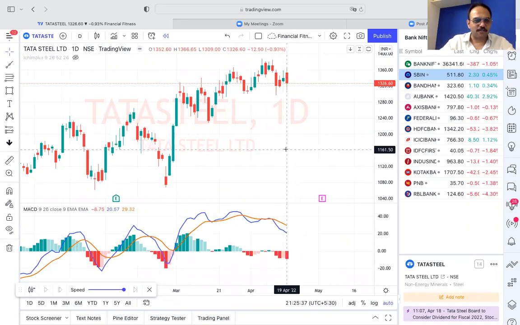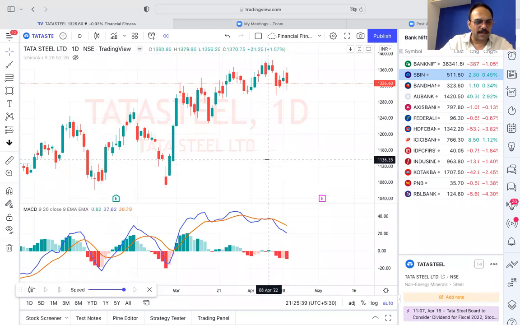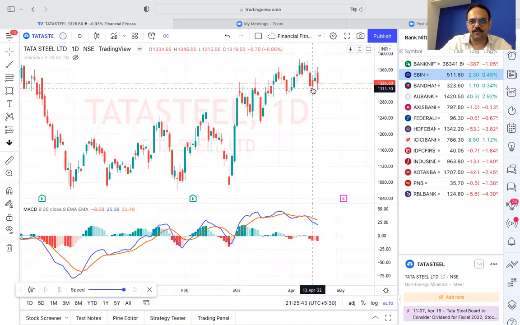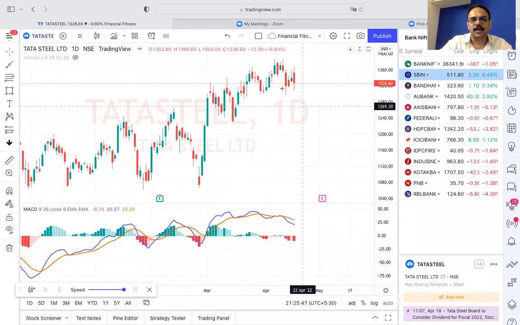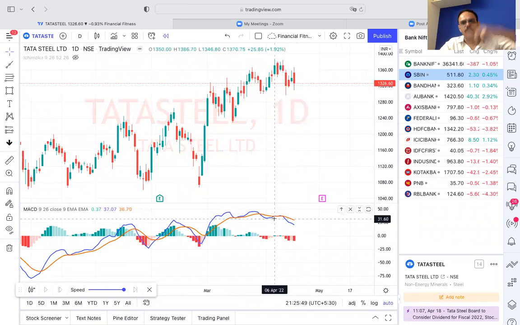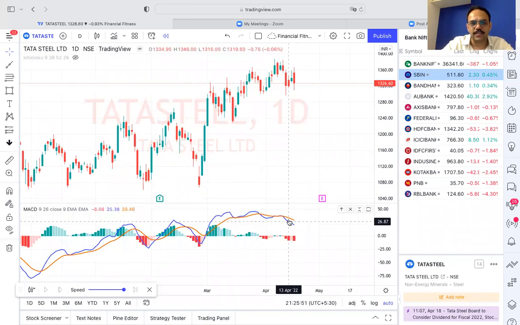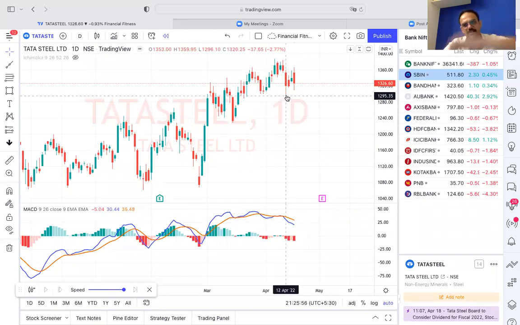Thank you so much for this question. Okay, so Rajkumar is asking my view on Tata Steel. It is in consolidation right now. We cannot say it will go up or down, but definitely it's not bullish. If you see the reverse of what I taught today, this crossing is here. So if it goes below this line, it is likely to go down.